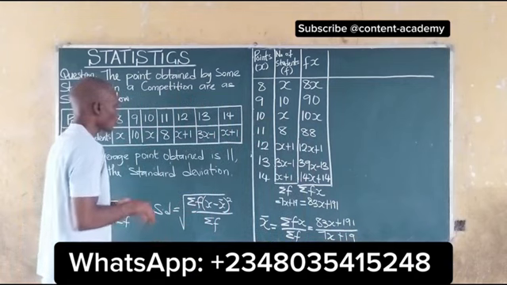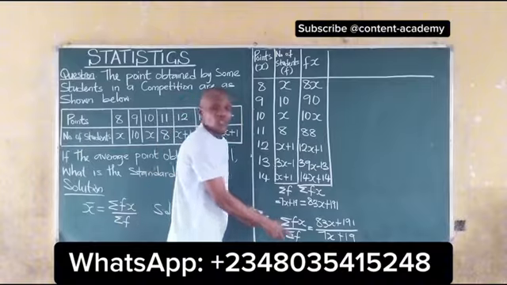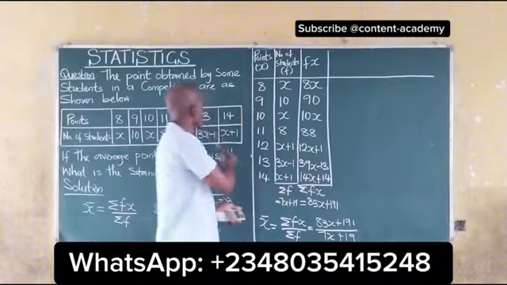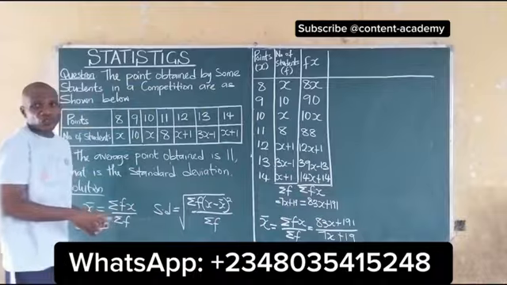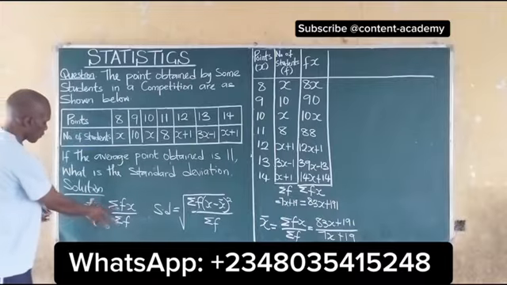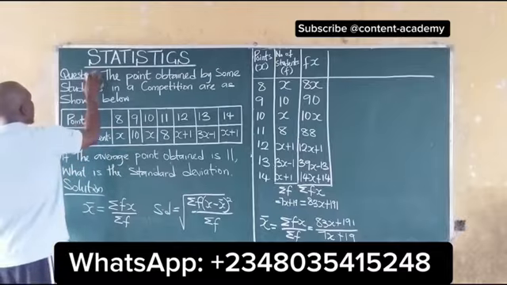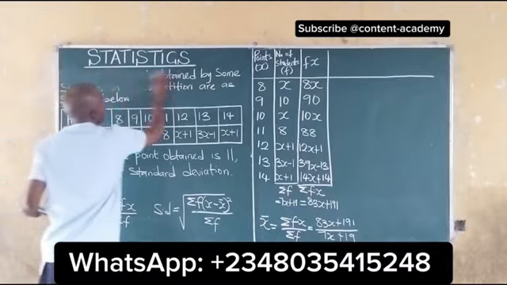So, for me to complete this, you need space for that. So you have to delete this part of the board so that we can calculate for our mean first.